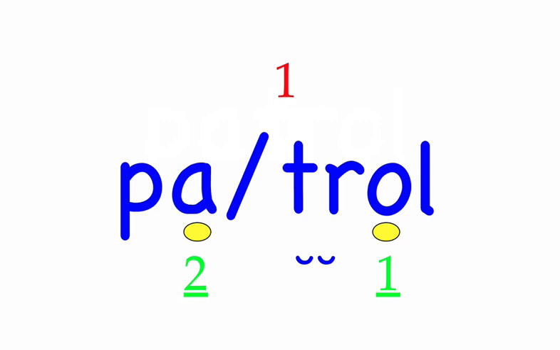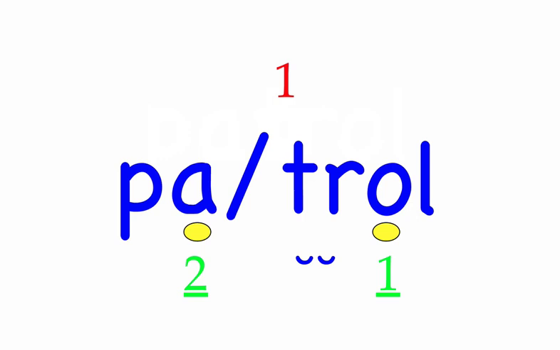Patrol. So there's a lot going on with this word. We have a consonant blend TR. We must protect it or lock it together so it won't go into separate syllables. So we put half circles under the T and the R. Now it's a unit of 1. Syllable rule 1 is in effect. That means A comes at the end of the first syllable, and according to vowel group 2, it should represent its long sound, but it doesn't.